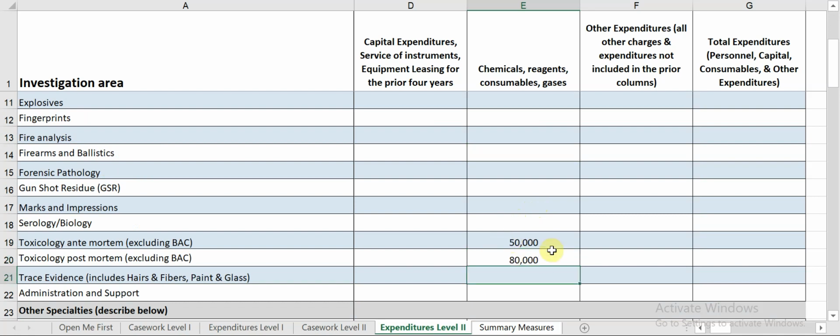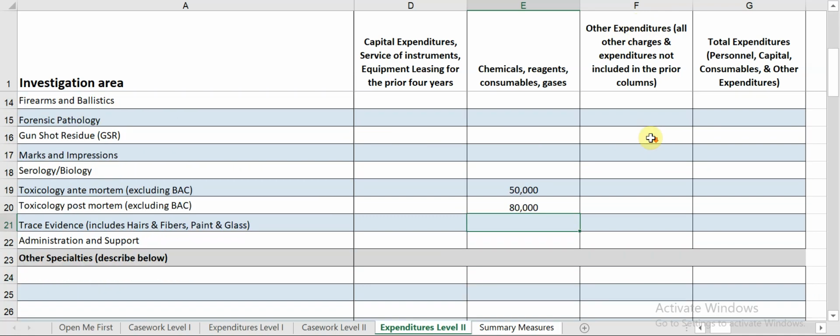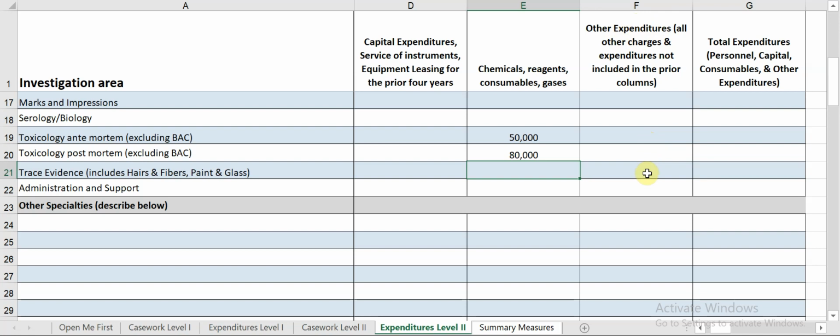You'll get much more specific information out of this. And then we're here with respect to other expenditures. And this would be your overhead items. So for the entire lab at 450,000, if you knew the allocation for any area, you can put that in. If you don't put it in.